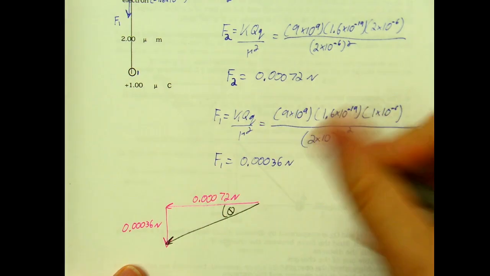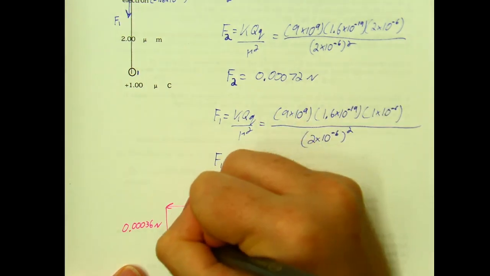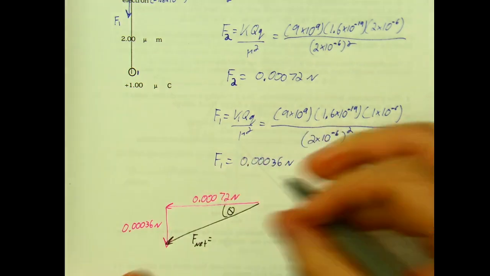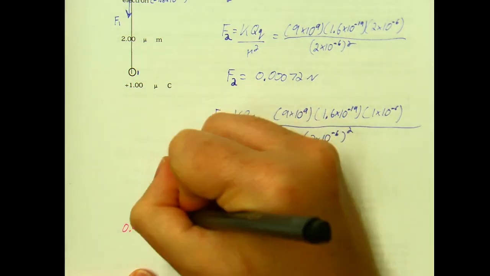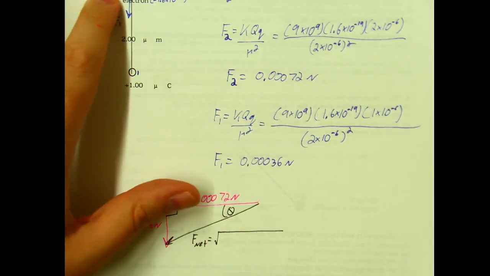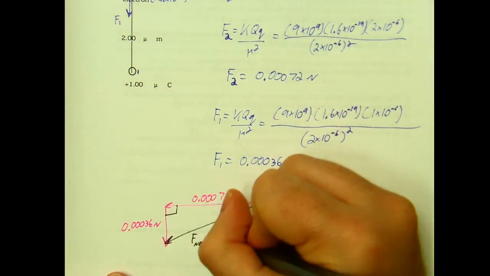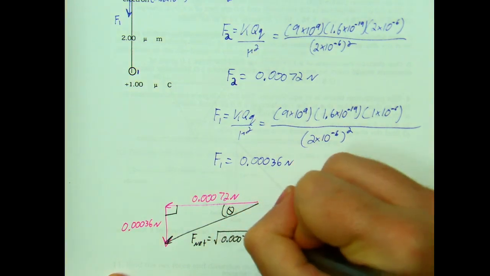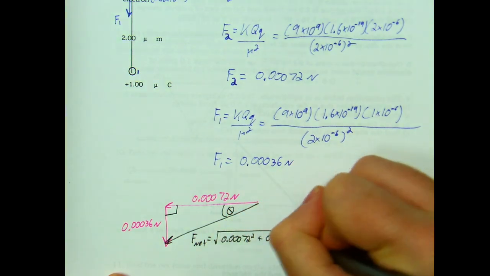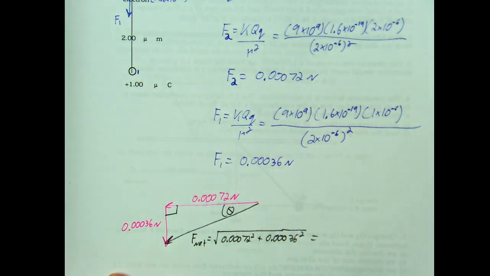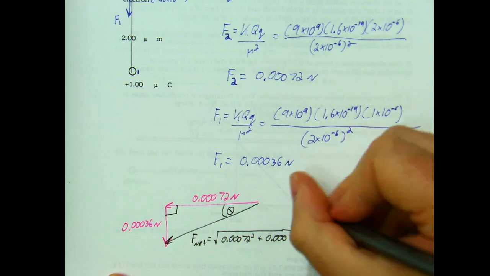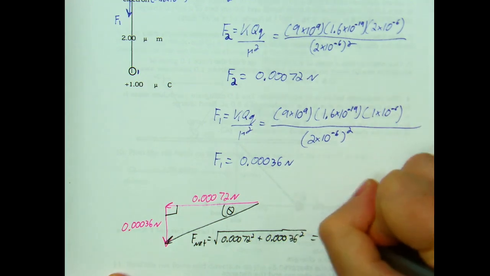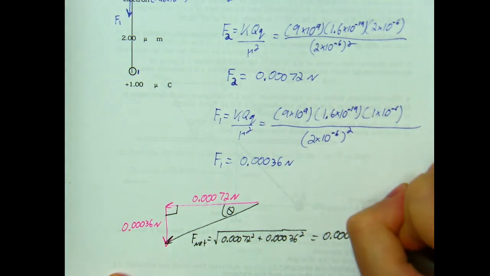So my F net is going to equal the square root of, these are perpendicular to each other, one's to the left and one's down, the square root of 0.00072 squared plus 0.00036 squared. And that's going to equal 0.00081 newtons.